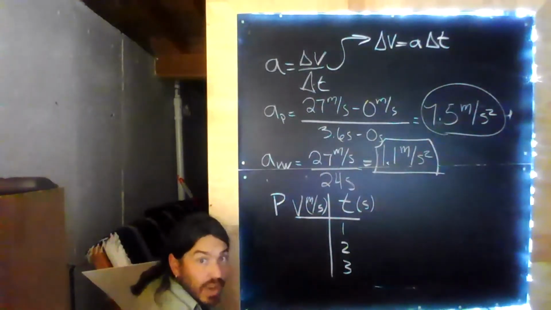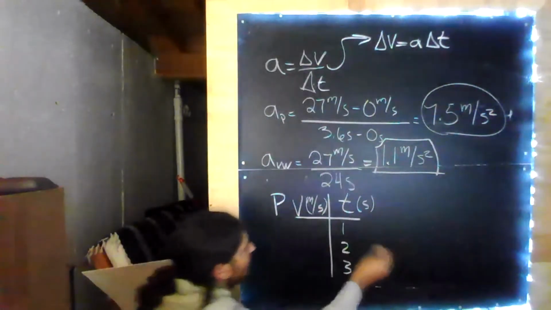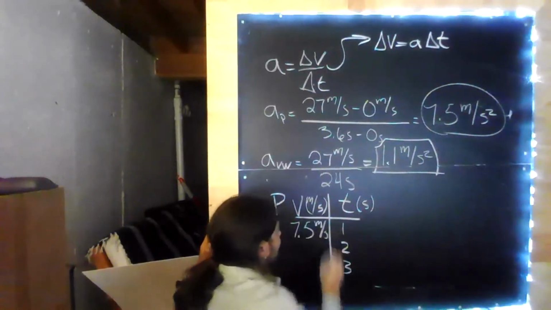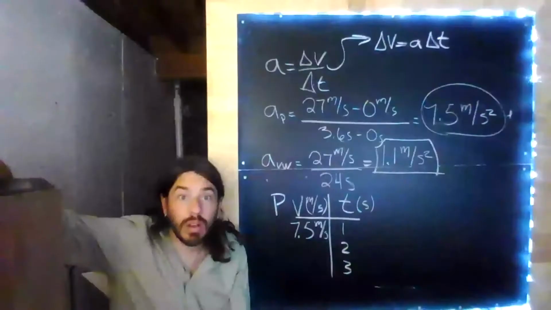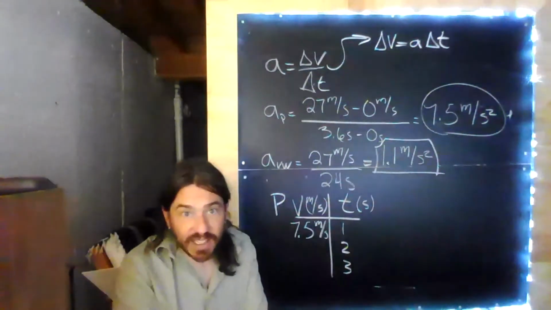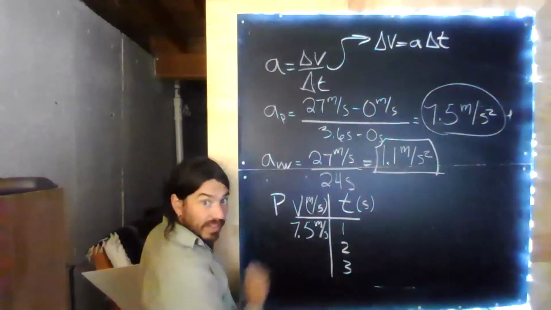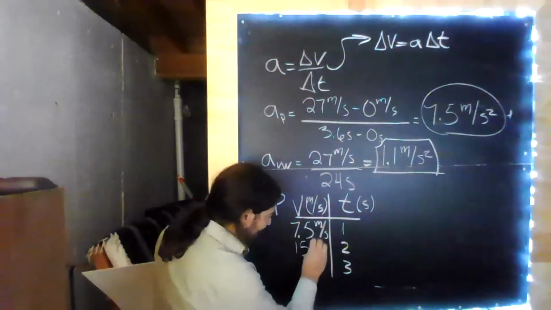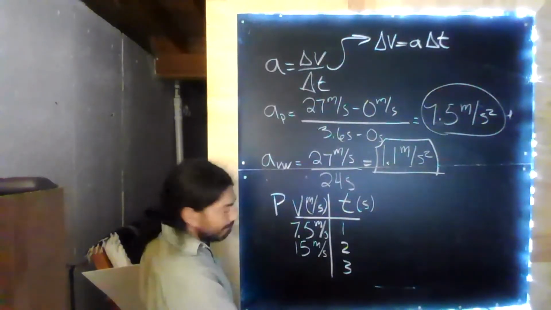Well, they were stopped at 0 seconds, so after 1 second, the Porsche would be going 7.5 meters per second. Again, that's what this meters per second business means. Well, if it's changing by 7.5 meters per second every single second, that means that after 1 more second, it'll be going 2 times 7.5 meters per second, or 15 meters per second.